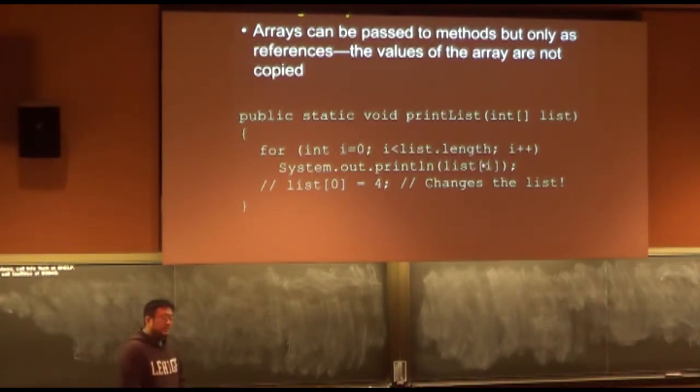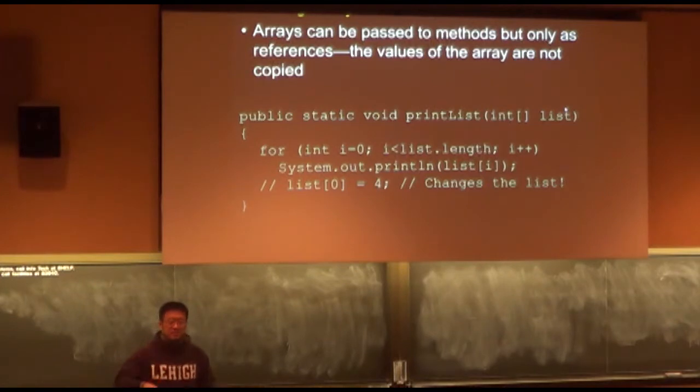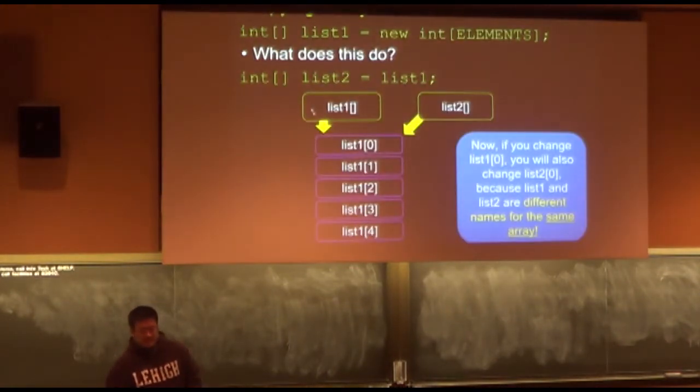Another thing that's very crucial to remember is that what you're passing in here is not the array. You're passing in the identifier to the array. When I use this word list, this identifier list, I'm using this thing that points to the space in memory.